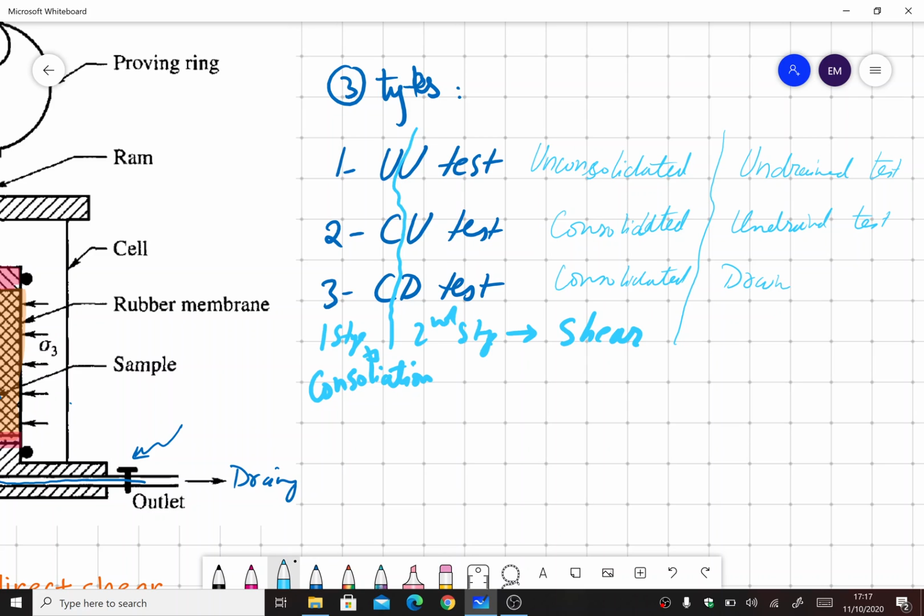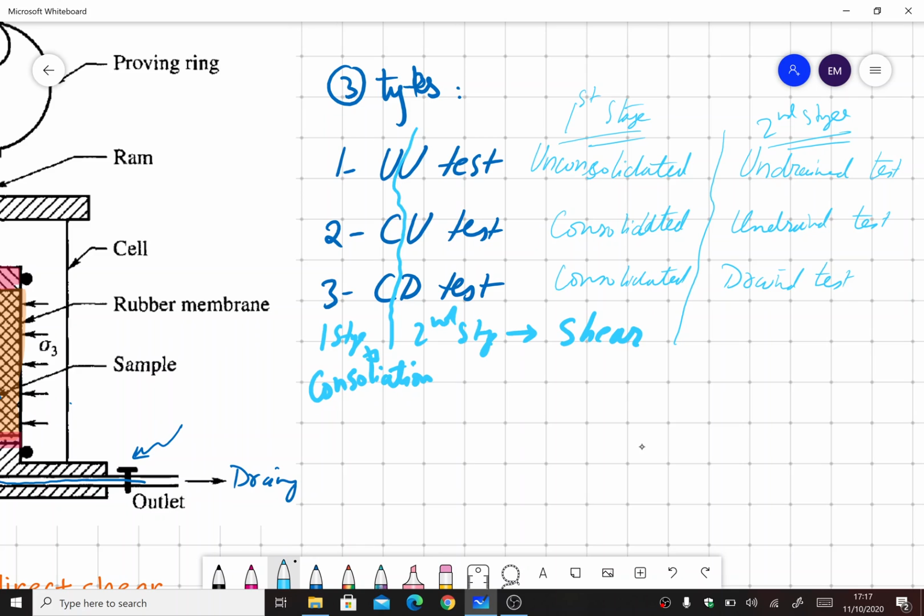So this is the first stage of the test, and this is the second stage of the test. This is the first stage, this is the second stage.